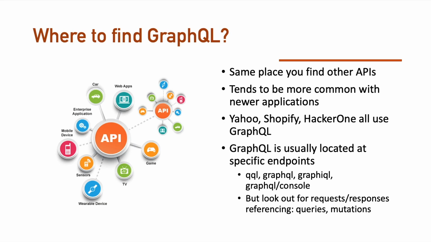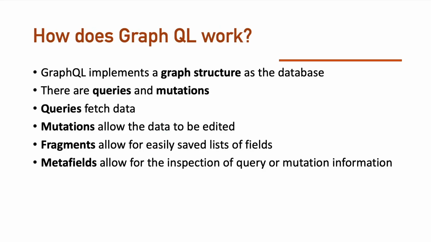But honestly, that bit is probably the only thing that's different. It tends to be in the same place you find regular APIs: mobile apps, web apps, both doing the same thing. Mobile apps especially tend to go more towards it. But that's where you find it.